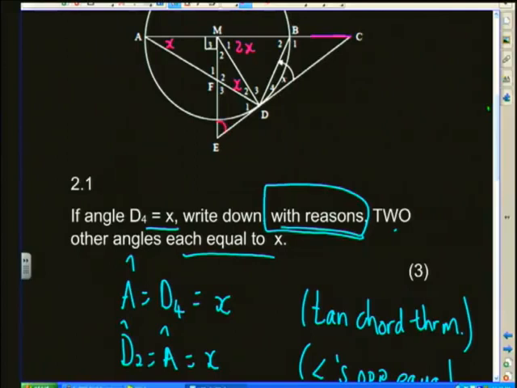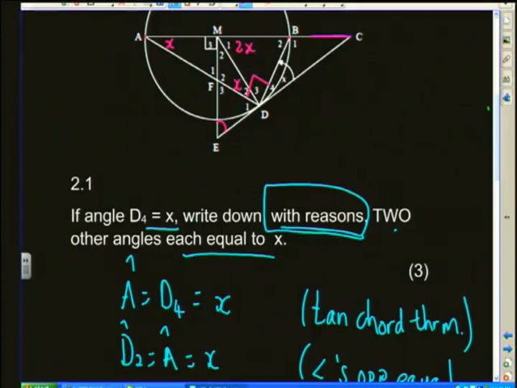Okay? I can see, because remember we've established right in the beginning AB was a diameter, so I can see that angle D, the whole of angle D there, is 90 degrees. Okay, and the reason for that, angles in a semicircle. All right? So that was 90 degrees.